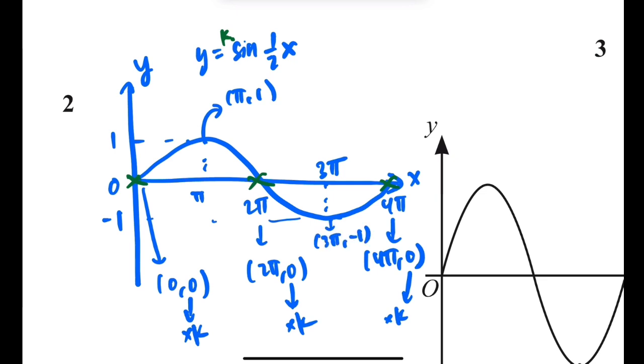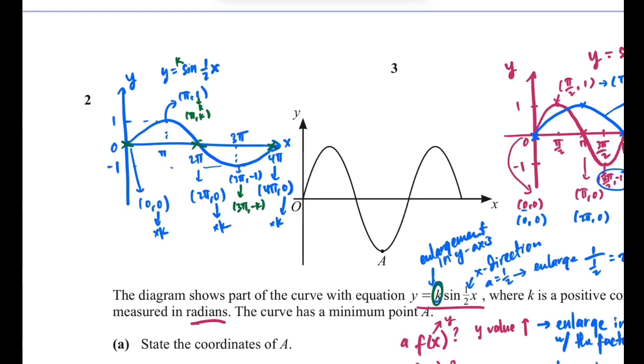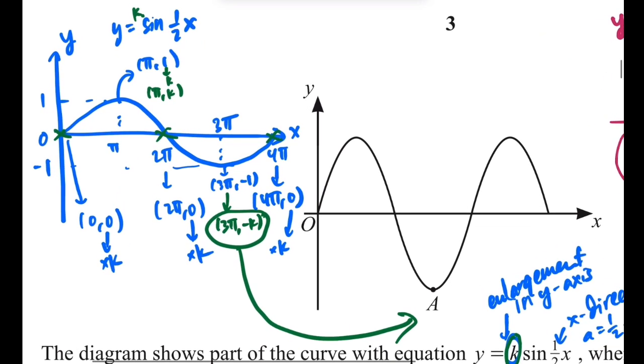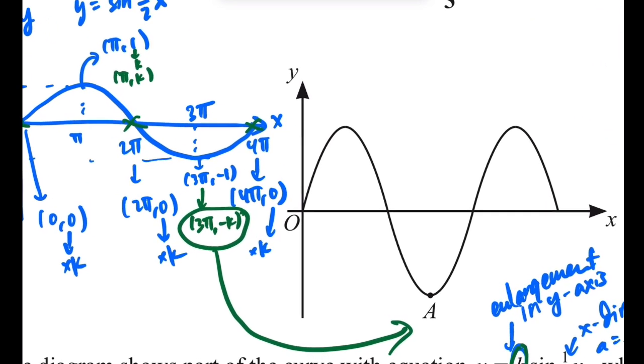So if we multiply it by k, it becomes pi, k, and the minimum here is 3 pi minus k. Now if you look at this question, it is asking about a here, this one is a. Our minimum value, if we have k sine half x, is 3 pi minus k.